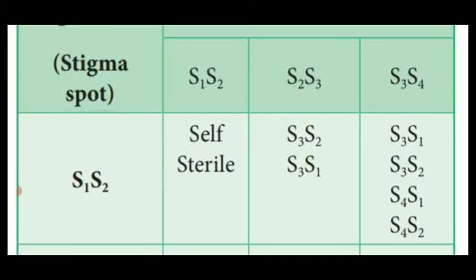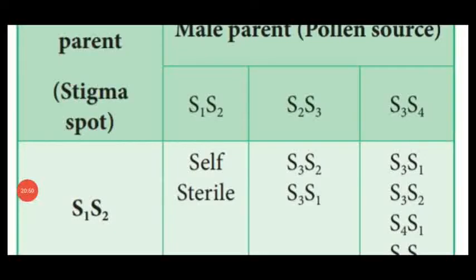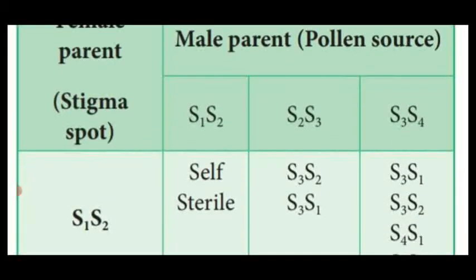S1, S2, S2, S3. Dear students, in the first one, both the alleles are common. So they are producing self-sterile pollen. Second one, they have three different alleles, S1, S2, S2 and S3. So in both, out of the four multiple alleles, S2 is common. So you have to lift up the S2 and take only S3, and S3 is multiplied with S1 and S2.